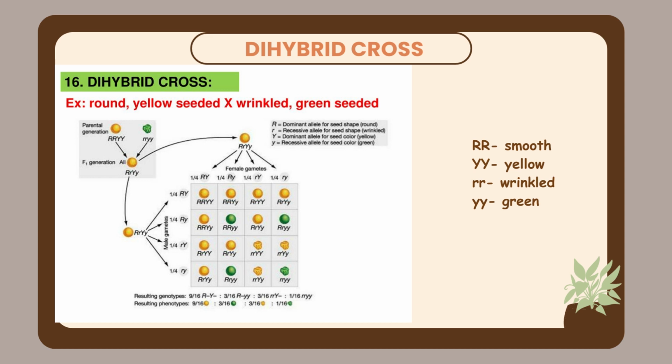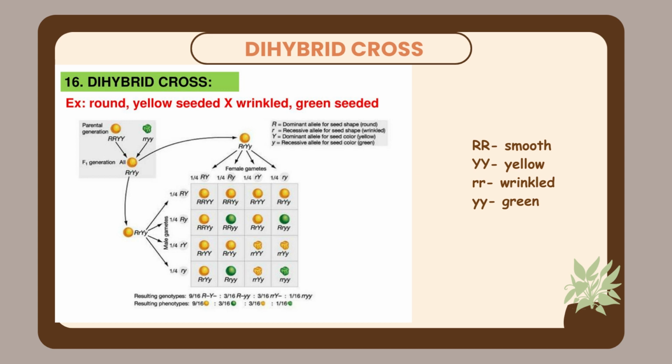Next is the one fourth of r small and big Y. Then the one fourth of r small and y small. As you can observe on our screen, we have to do the L method to get the result. So for the big genotype RY, we have the genotype RR and RRY.